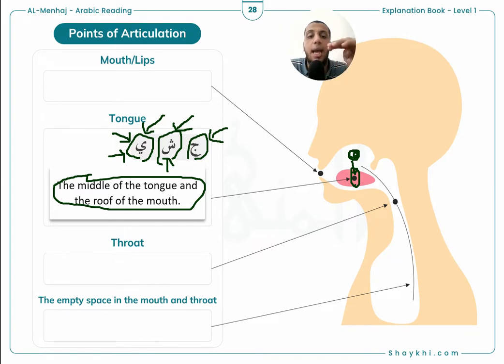The third letter, Ya: the space here between the middle part of the tongue and the roof of the mouth is bigger than the same space with the letter Sheen, and we mean here by this the normal Ya, not a mad letter. So these are the three letters that have the same point of articulation, and this is the difference between them.